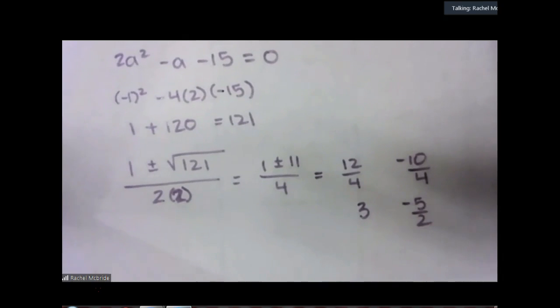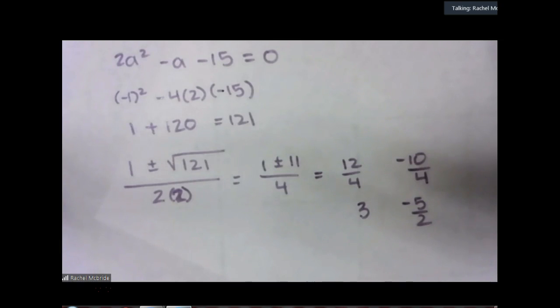Now again, on your assessment for tomorrow, I'll have basically a way where it says, okay, you have to do these 2 quadratic formula, you have to do these 2 completing the square, and then there might be like 8 problems, and it'll be like solve these any way you want.